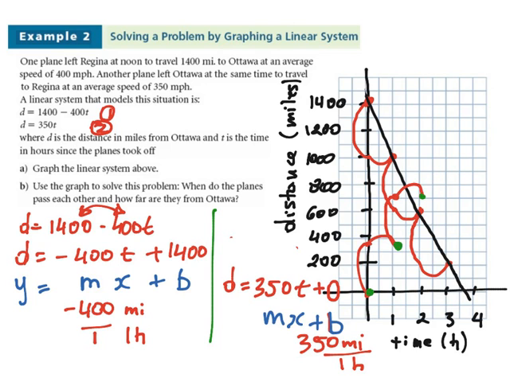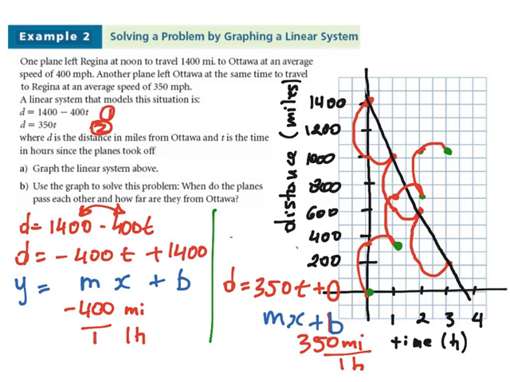And 1,050 is approximately here, after 3 hours. So here is the other point. Using those points, the green ones, we're going to connect them, and we'll get the second equation on the graph.